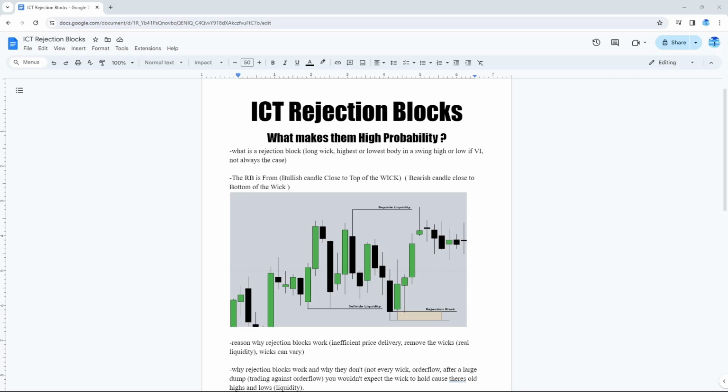How's everybody doing today? Today, we're going to be going over a simple PD array with the ICT rejection block, with the main point being what makes them high probability.